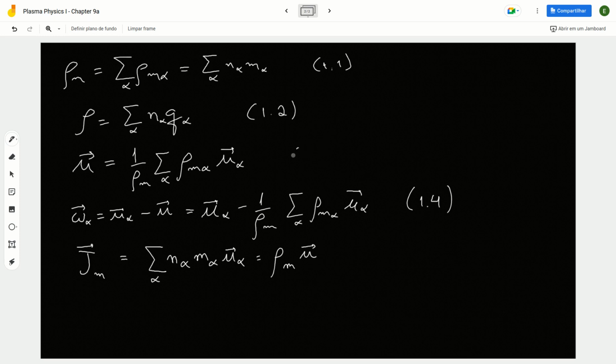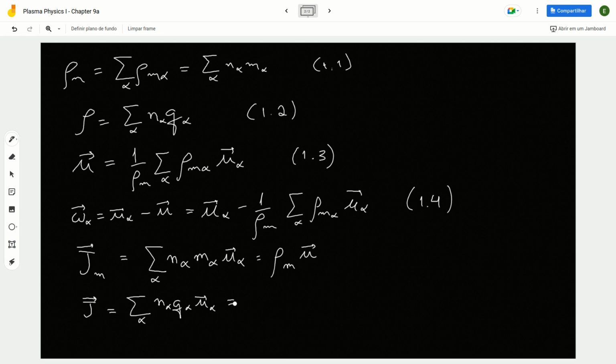I forgot the number of this. This is 1.3. Okay, so this is the mass flow, and then we have the charge flow or electric current density. The current density will be given by J, capital J, which is the sum over alpha of n alpha Q in place of M and this here.